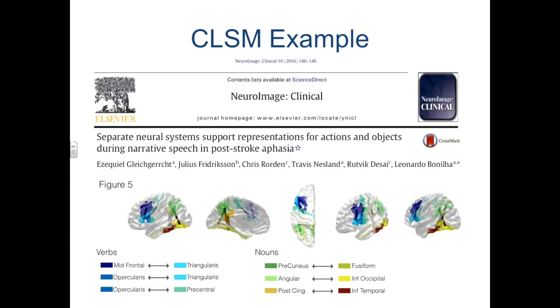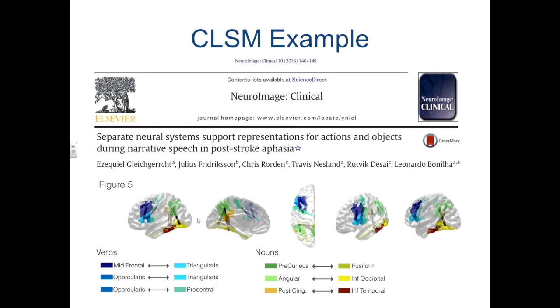This is just to show you an example of what I was saying. It can help us understand how language is processed in the brain. We published this a few years ago showing how the production of nouns, or really the production of words that are able to name objects, versus the production of words that are able to name actions, actually depended on two dissociable, very clearly distinct networks.